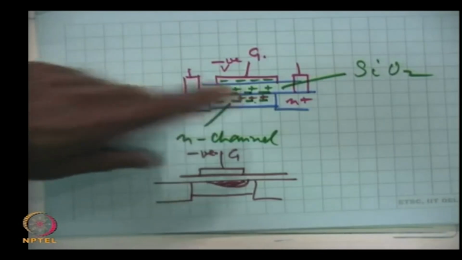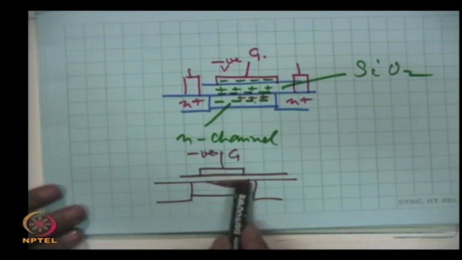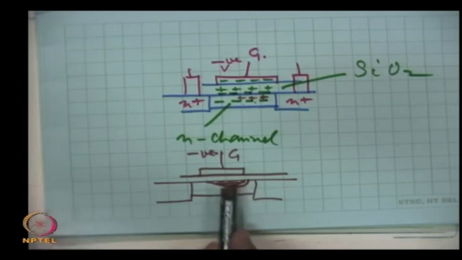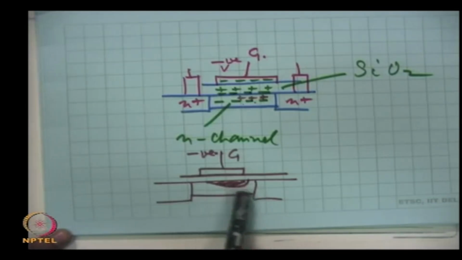Now, these induced positive charges will recombine with some of the electrons and a depletion region will be formed, and hence this depletion region is always a region devoid of mobile charges, that means a high resistivity region. So, this depletion region will increase the resistance, will decrease the conductance of the channel.